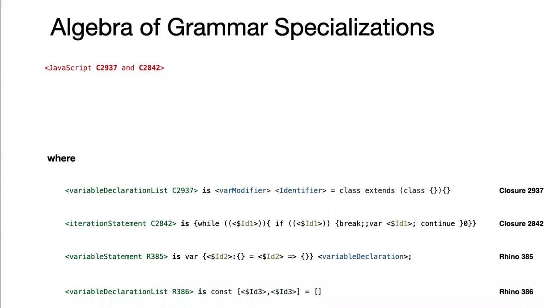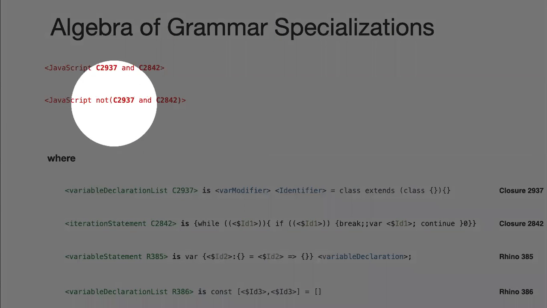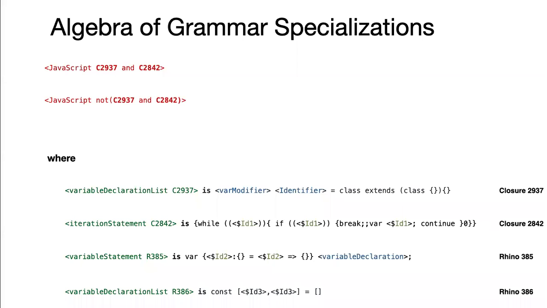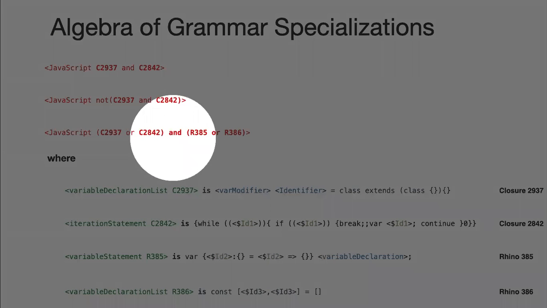You can also generate specialized grammars that is guaranteed not to produce inputs containing either of these fault patterns. And you can produce specialized grammars where the generated input contains at least one rhino bug and at least one closure bug.